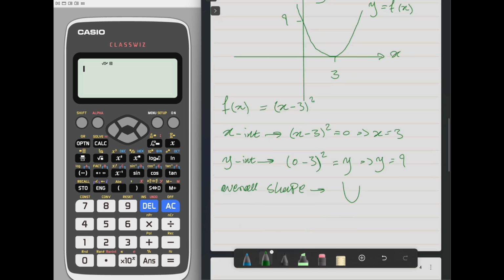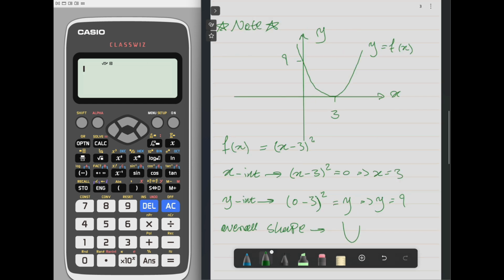What is the repeated root? 3. Why is it a repeated root? Because I have x minus 3 squared equal to 0. Alright? So that's it. When I have repeated roots, my graph will touch the x-axis at that point. And the same thing applies to the cubic functions, guys. Alright, so let me just write it down.